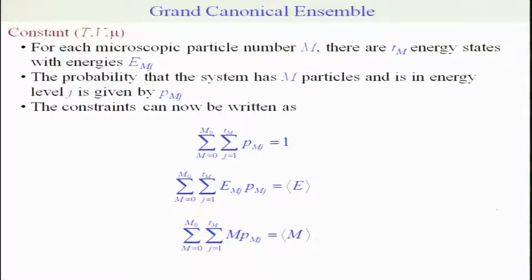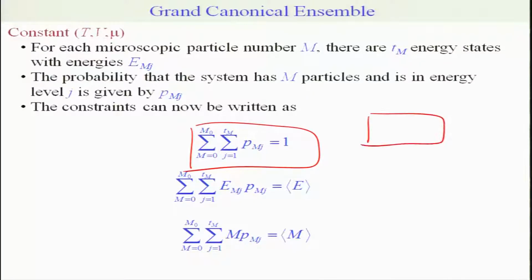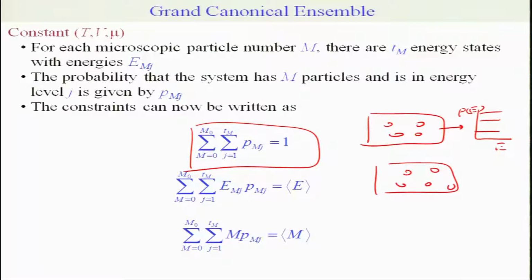So, you can write down these constraints in this way. The double summation is there for a simple reason: for each N state, that means for each particle state, it may have different energy levels, and similarly for the others.